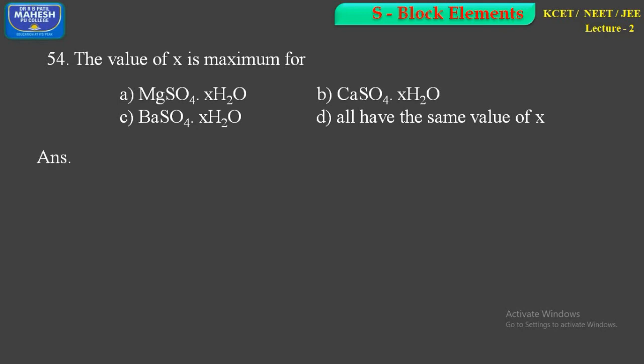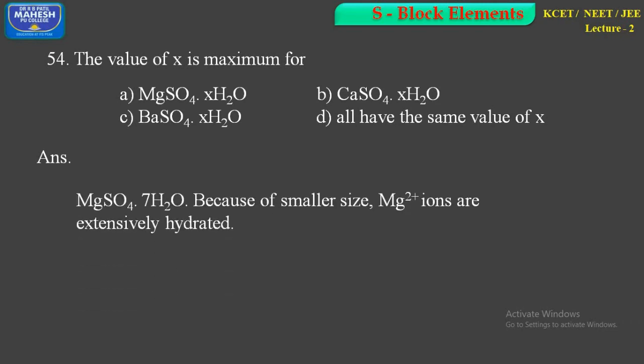Students, for magnesium sulfate we have the highest value of x, that is 7. So magnesium sulfate heptahydrate, because of the smaller size of magnesium cations, is extensively hydrated. So the right answer is option A, magnesium sulfate xH2O.